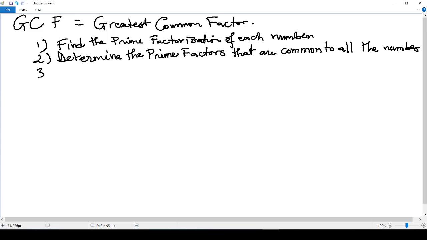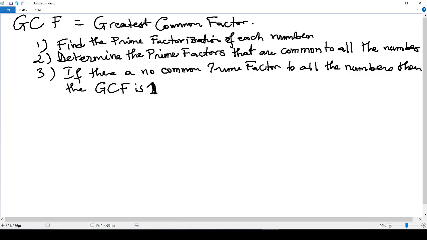Number three, if there is no prime factor common to all the numbers, then the GCF is 1.